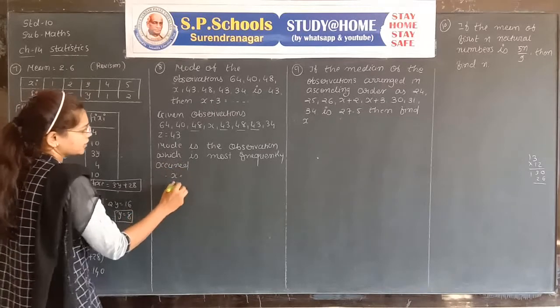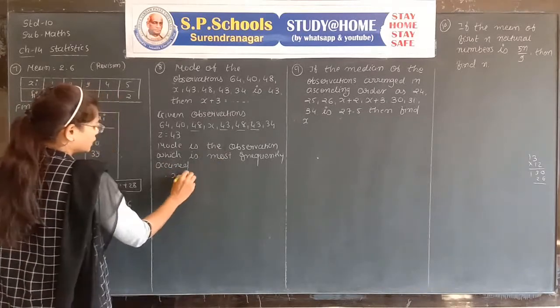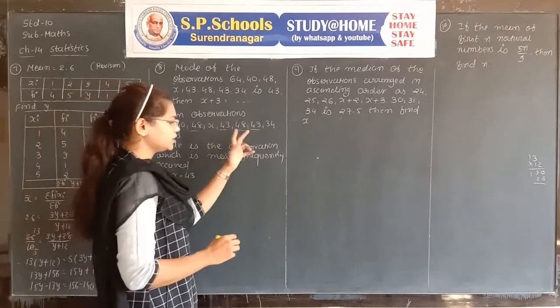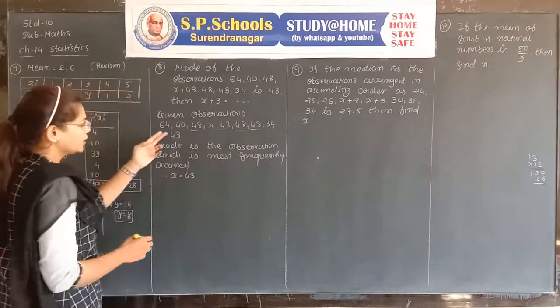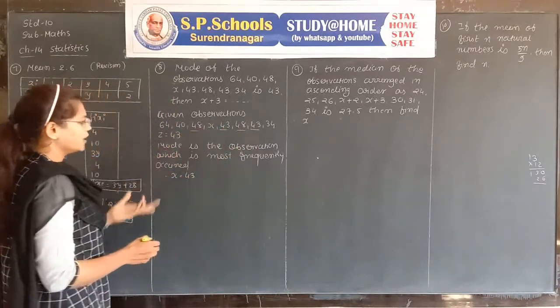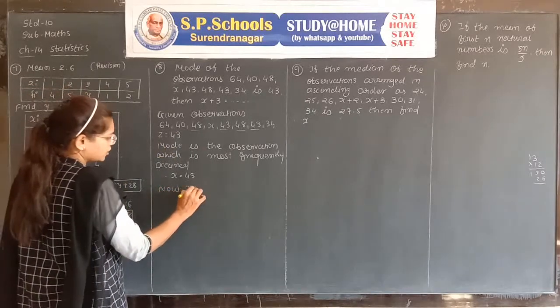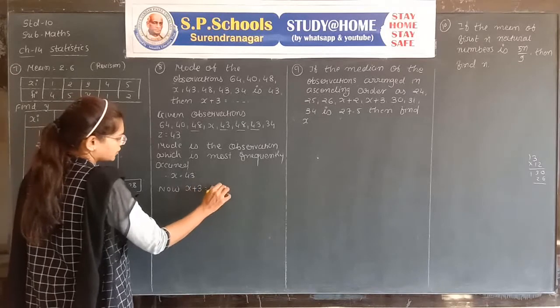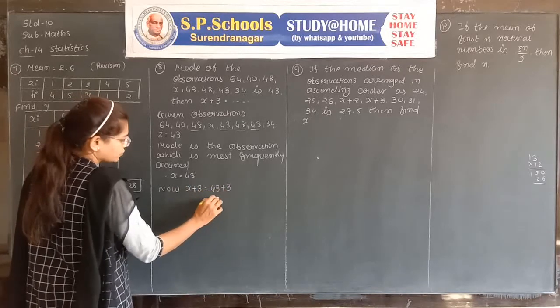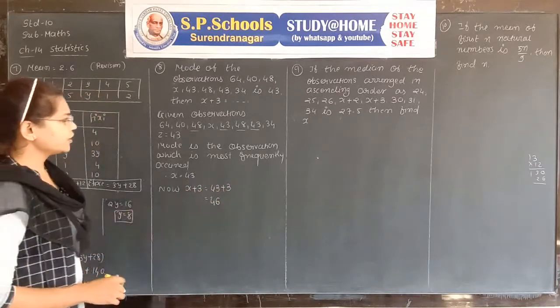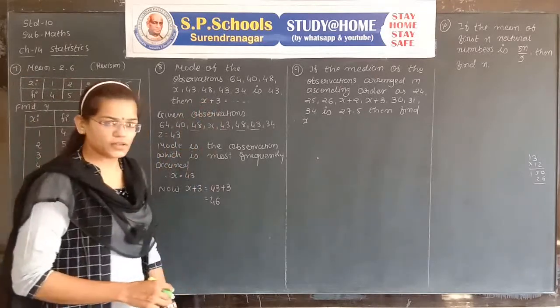Therefore, x is also 43 because 48 and 43 both come 2 times. So the value of x is 43 and hence our mode is 43. And now the value of x plus 3 is equal to 43 plus 3, which is 46. The 46 is the answer of x plus 3.